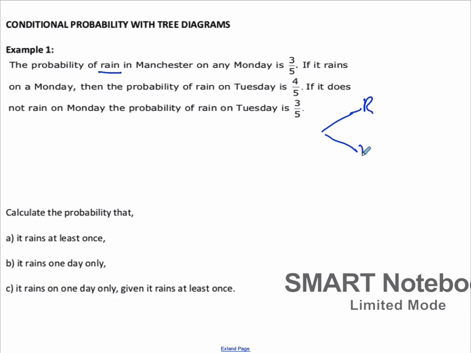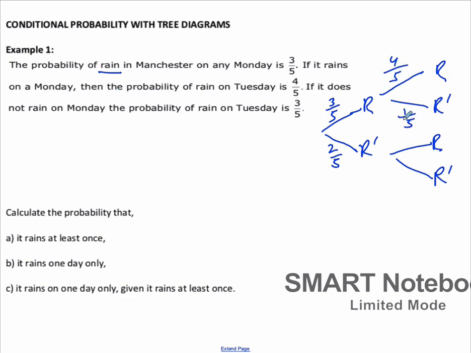So we'll call this rain and no rain: 3/5, 2/5. And on Tuesday we have rain or no rain. If it rains on Monday, then the probability is 4/5 on Tuesday, so that's 4/5 and 1/5, because it either rains or doesn't rain, so they have to add up to 1. And for this one, it should be 3/5 and 2/5.